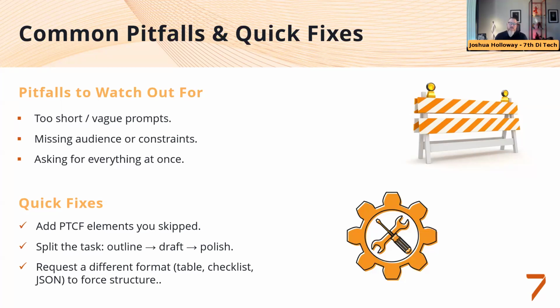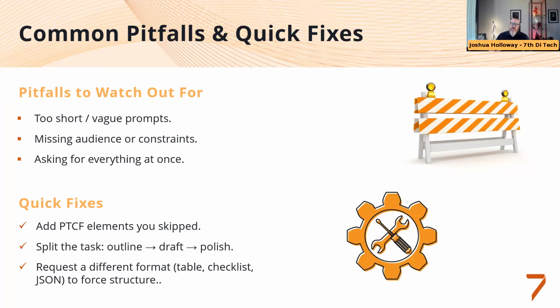And the quick fixes are use these elements from the PTCF framework that we provided to you, or the other frameworks that you'll receive after this webinar, and then split the tasks out. In your mind, say, hey, I want to outline this first, interact with the ChatGPT or any of the other models that you're working with. After you've outlined it, you can tweak it, you can give it updates, you can give it changes.